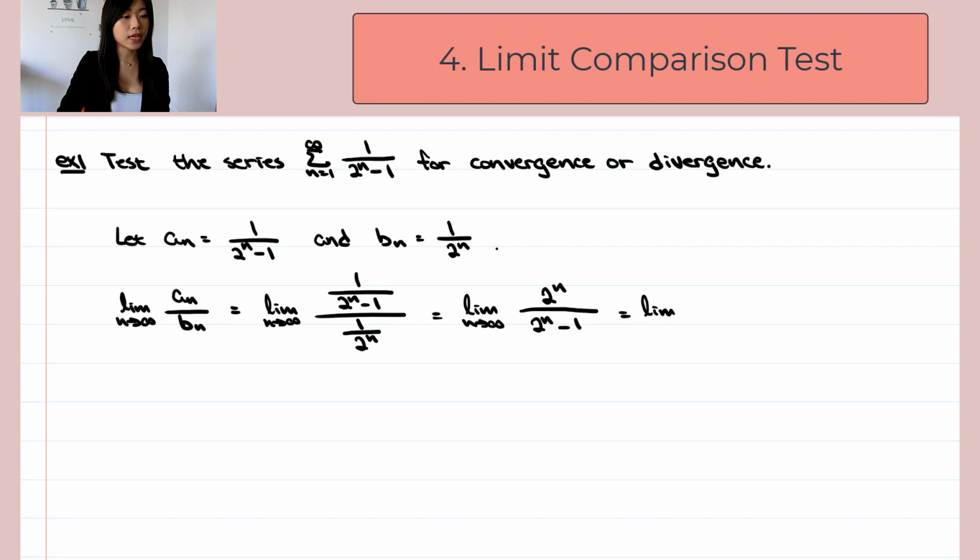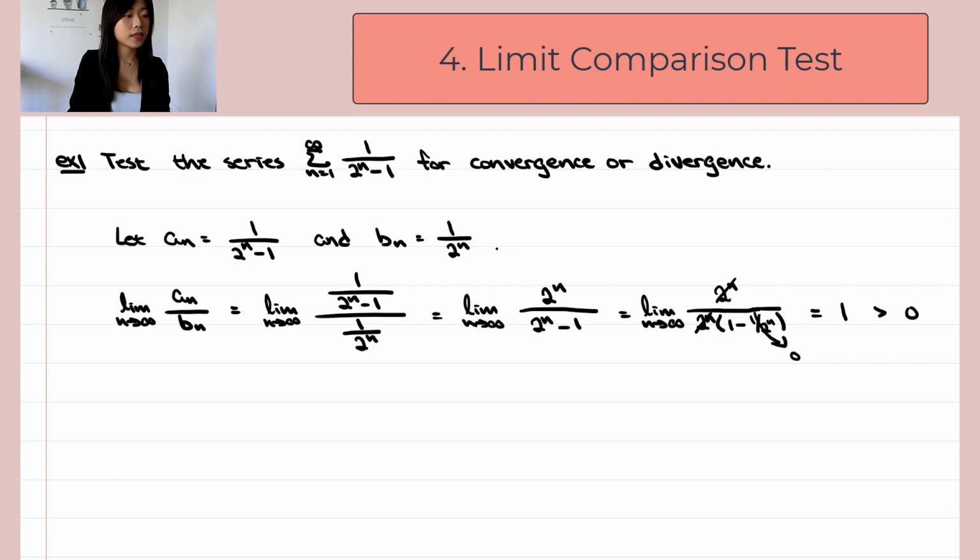The highest degree is 2 to the power of n, so I factored this out. In the denominator, I have 2 to the power of n times 1 minus 1 over 2 to the power of n. Then I can cancel out the 2 to the power of n that I just factored out. Furthermore, as n approaches infinity, 1 over 2 to the power of n approaches 0. So this limit equals 1, which is greater than 0.